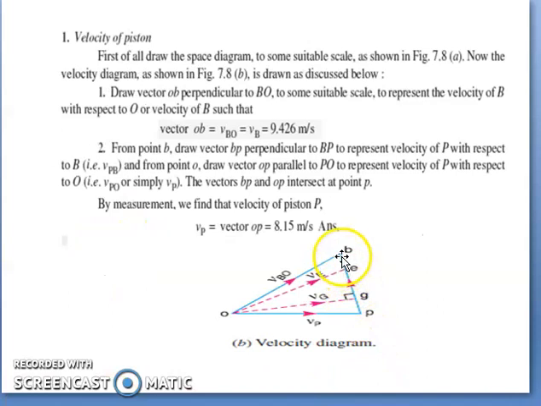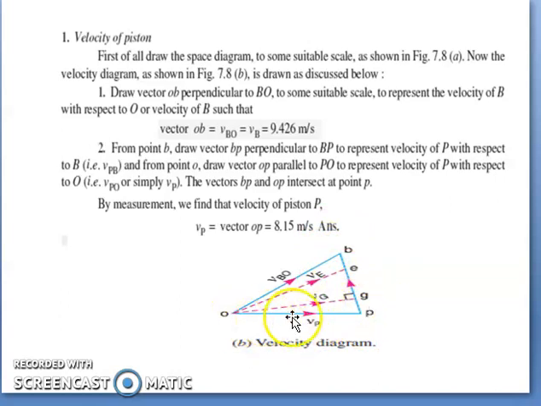So the same you have to mark it here. So this will be the PB line, which is the velocity of the point P with respect to B. Now if you measure this, it will give the velocity of the connecting rod.